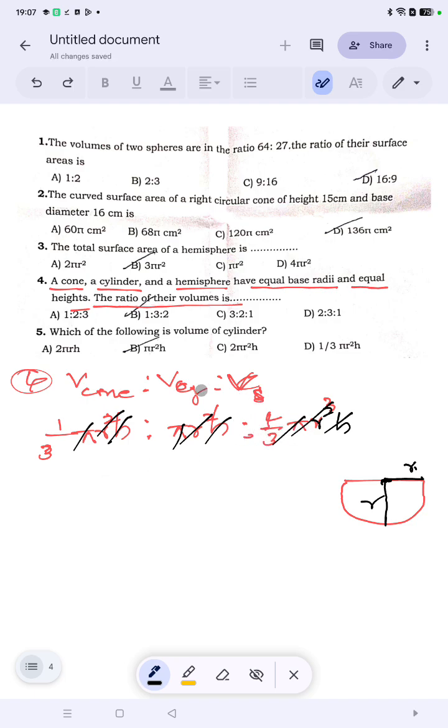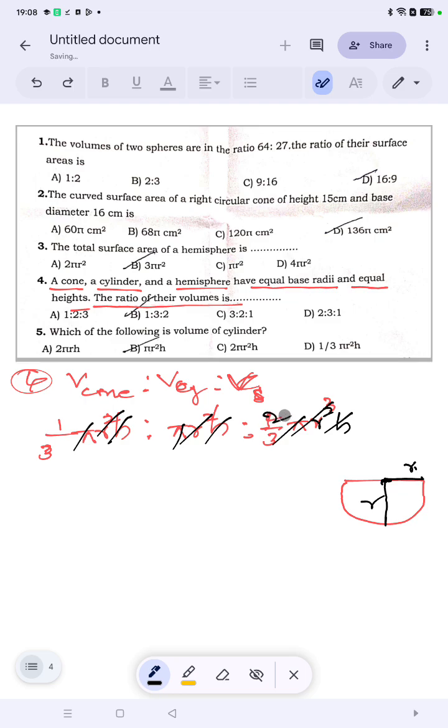For the hemisphere, what is the formula? We have to take 2/3.